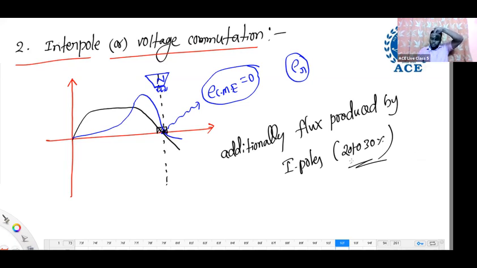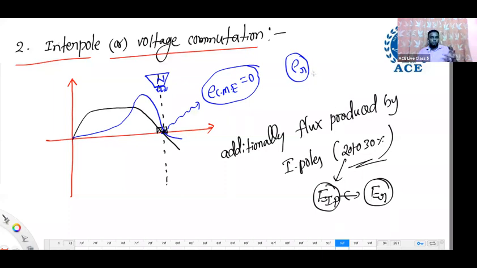Due to this additional interpole flux, an EMF is induced in the same coil. Already there is some reactance voltage ER. The polarity of this EMF and the reactance voltage are in opposite directions. Why opposite?